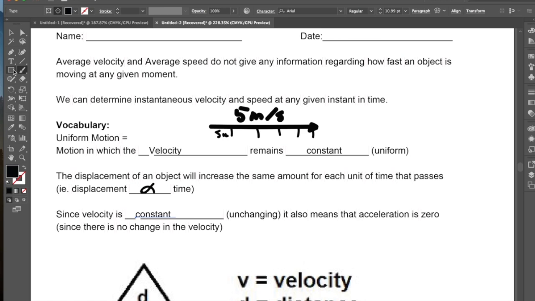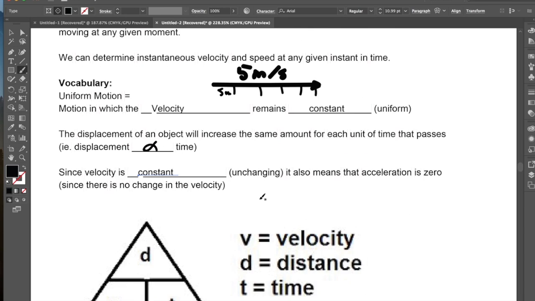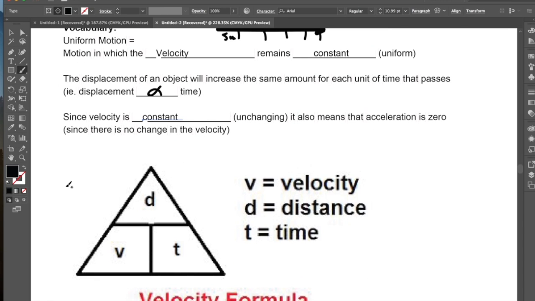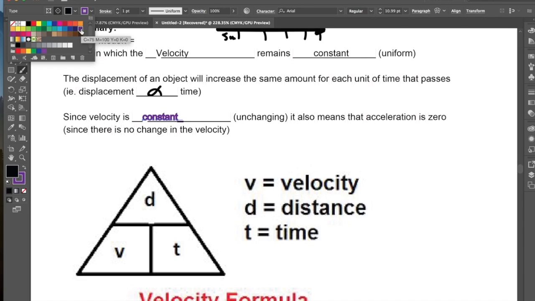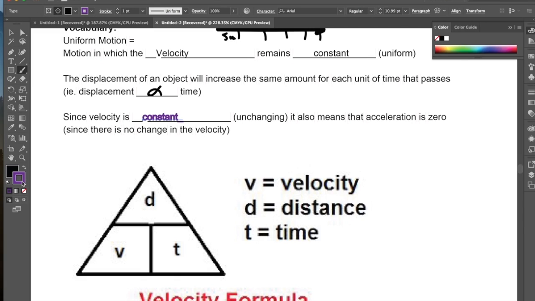Before we go into our topic for today, I just wanted to bring up what I call the velocity triangle. I'm going to try to change color here. You can use this triangle anytime you want to determine displacement, time, or velocity in a given scenario.